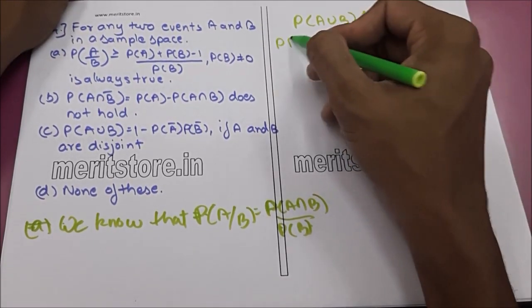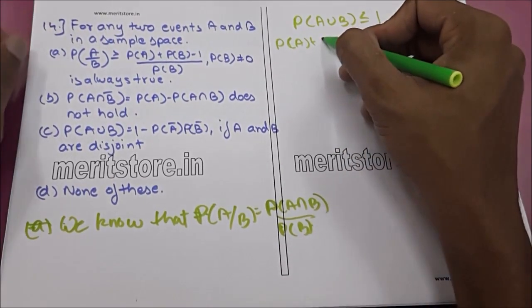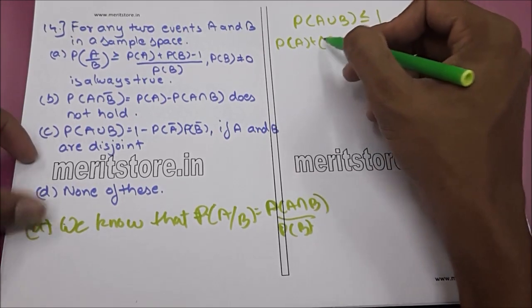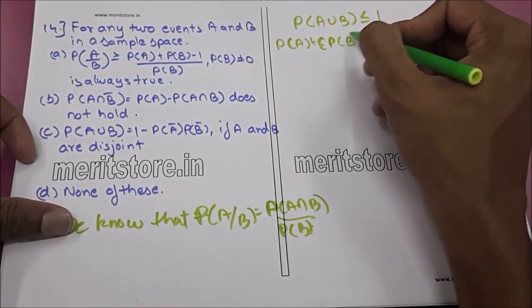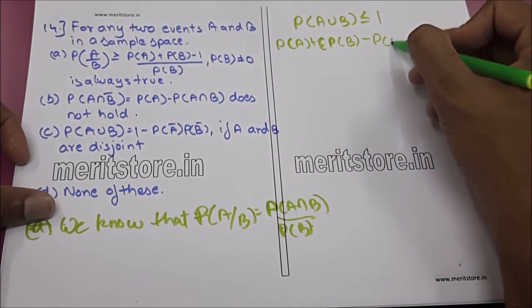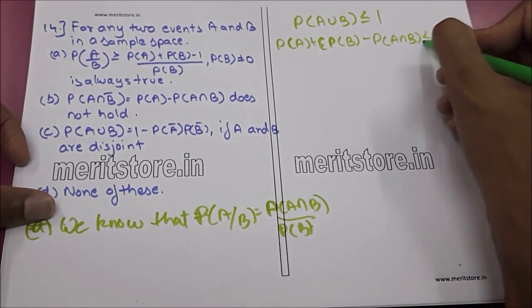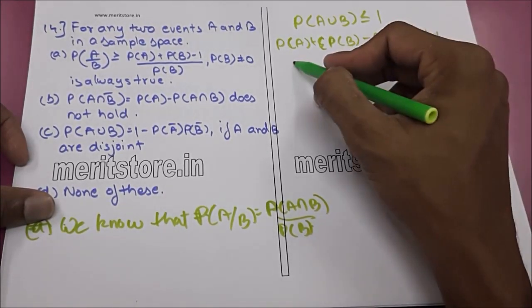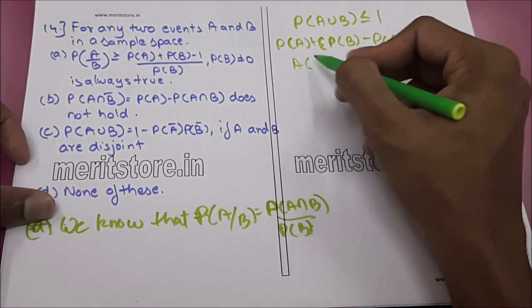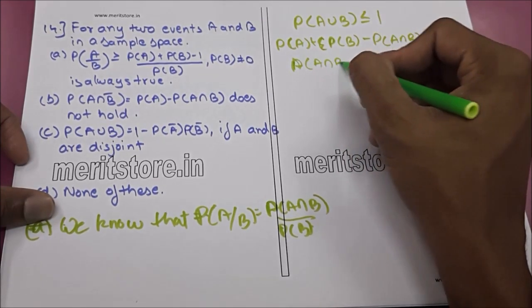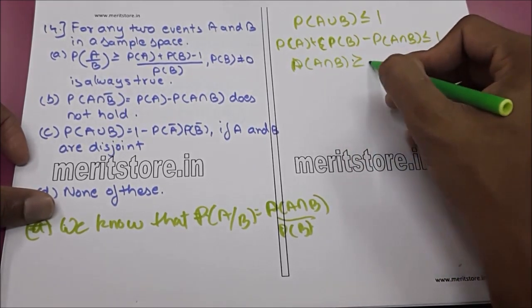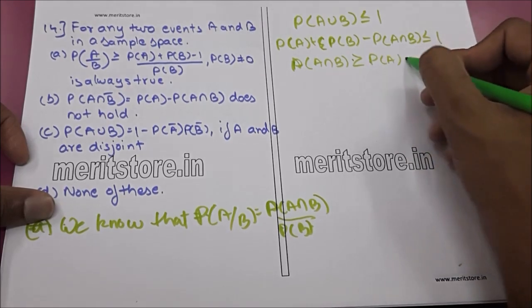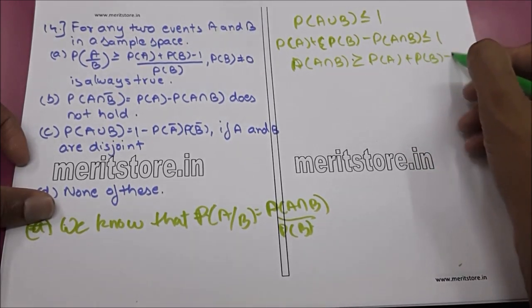So probability of A plus probability of B minus probability of A intersection B is less than or equal to 1. We solve this, we get probability of A intersection B greater than or equal to probability of A plus probability of B minus 1.